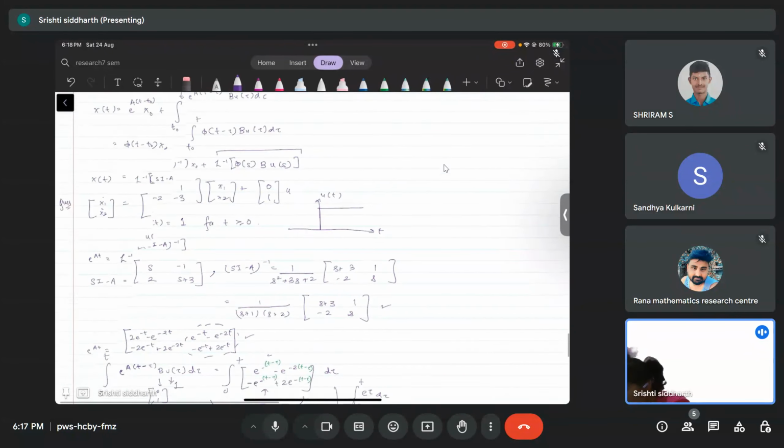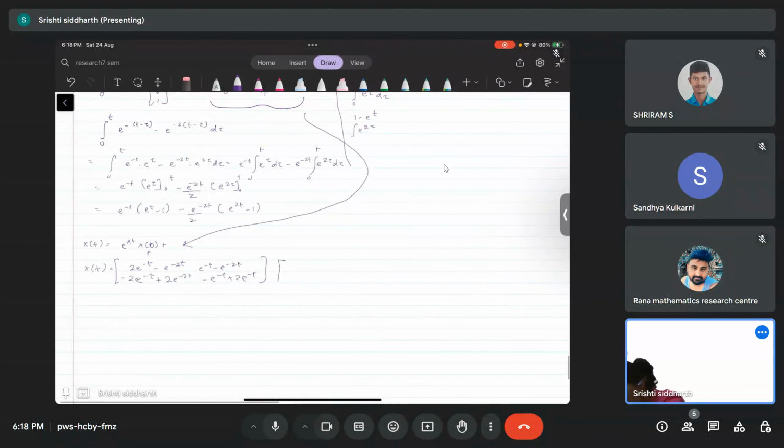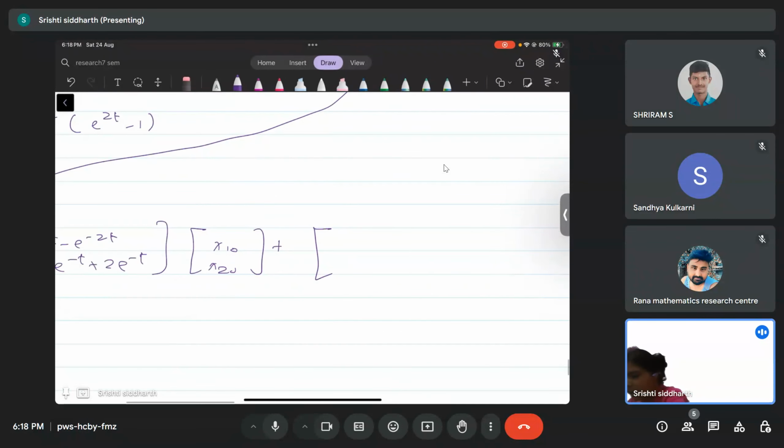So let's assume that this is some x1(0) and x2(0), plus the particular integral term. So you can check this later. This is half minus e to the power minus t plus half e to the power minus 2t, e to the power minus t and e to the power minus 2t. Okay.